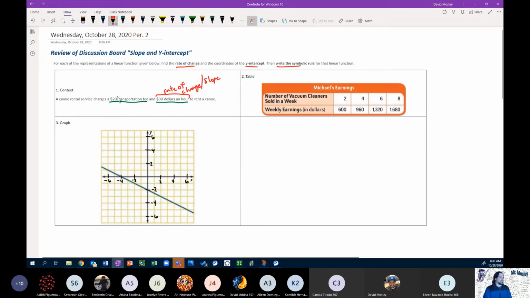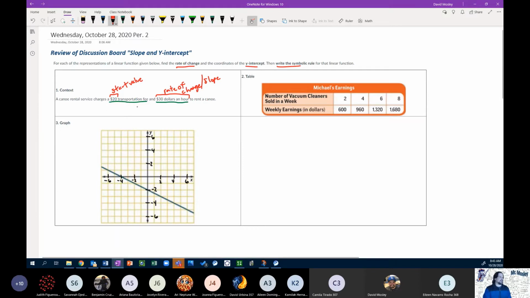And then this $20, that is our start value. It means when starting off, before we've even paid the hourly rate, we're paying $20.